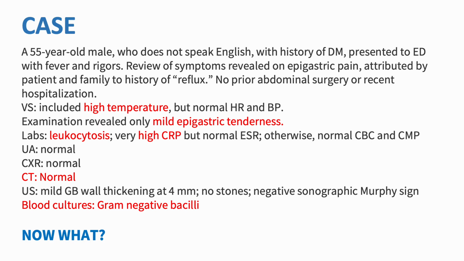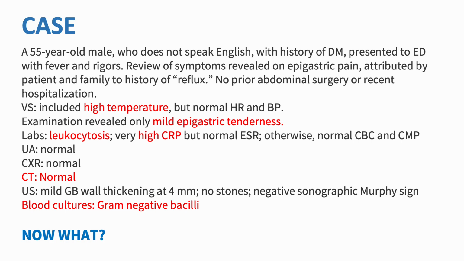The gallbladder wall thickening was mildly, barely increased. Normally it's 3 millimeters or less, but it's 4 millimeters. Although there were no stones shown on ultrasound, because of that, we decided to consider imaging for possible biliary disease, a common cause of upper abdominal pain.